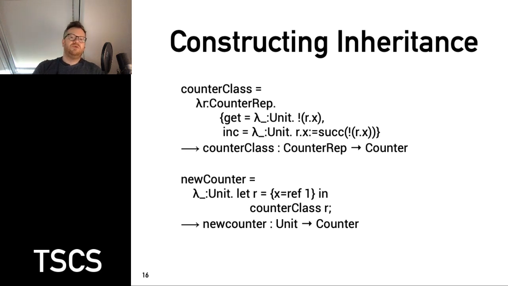We introduce a new term, counter class in this case, which takes a counter representation R. So it's a lambda R counter rep, and constructs an object out of that. So it's a function that takes a representation type and returns an object matching that representation type and the class you've given it.